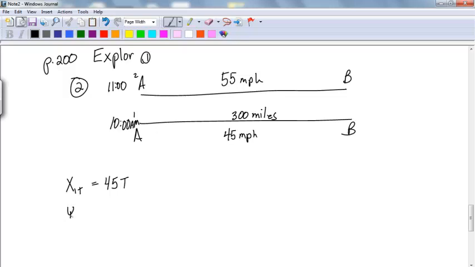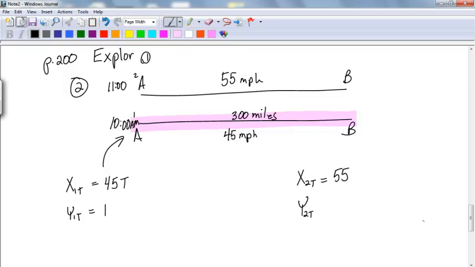For y sub 1t, I chose to go horizontally, and my first one is this one, and I'm going to graph it at y equals 1. That's this bottom train. Then x sub 2t and y sub 2t. This one was 55 miles per hour.